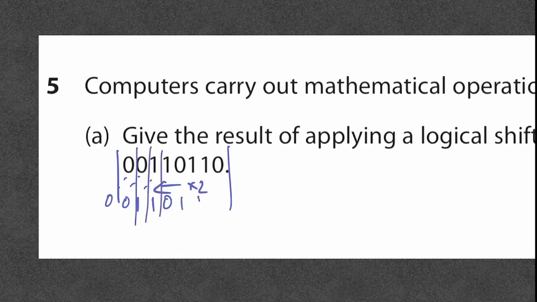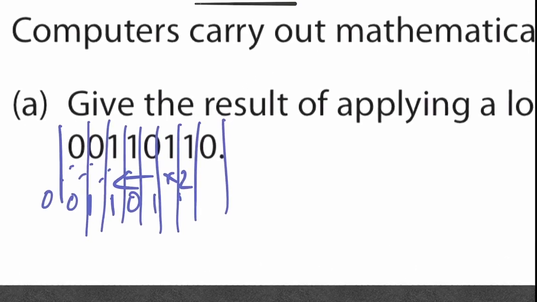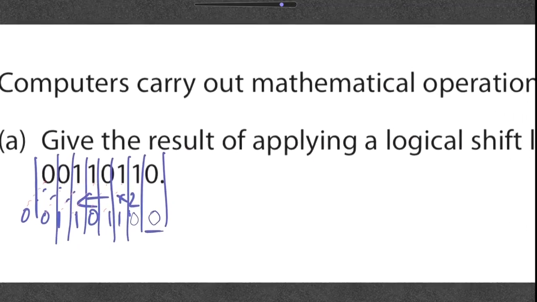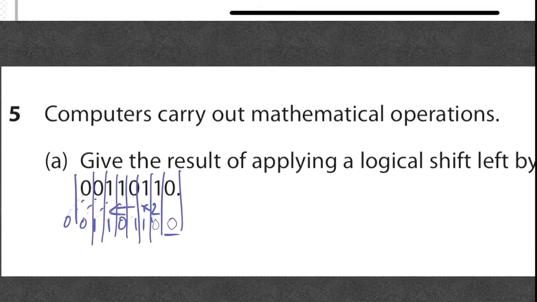Just making sure that I'm not messing this up because it's really tricky sometimes to visualize it. That, I'm going to use a different color. That 0 goes over here. That 0 is going over here. That one's going there. That one's going there. That 0 is there. That one's there. We're going to have another 1 here. That's fine. That 0 is here, and then we replace the gap with, because it's a logical shift, we just replace that with a 0.